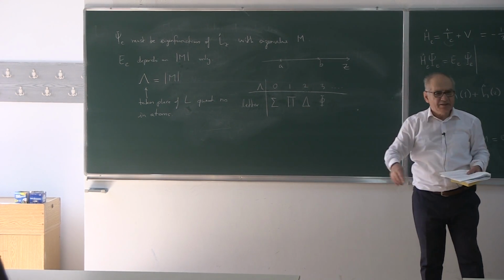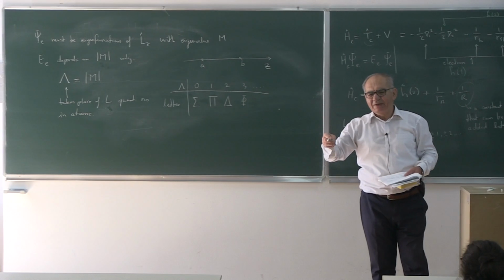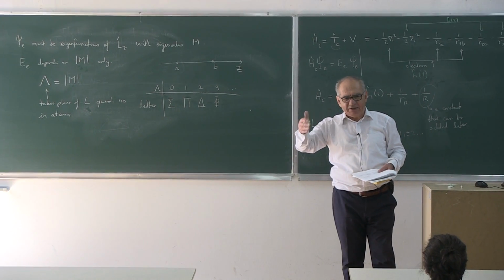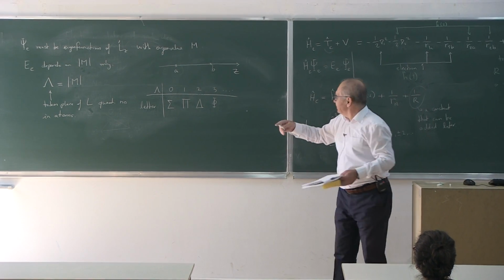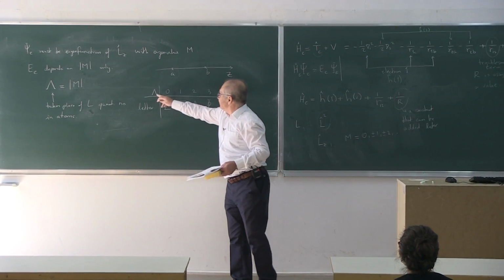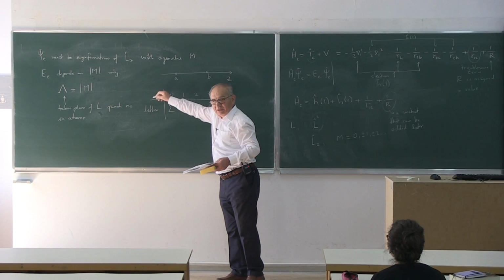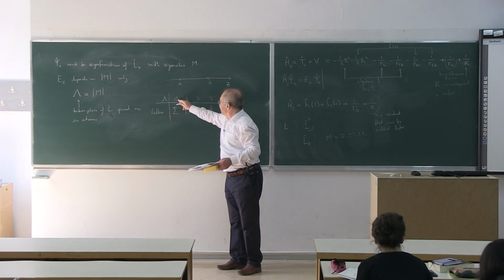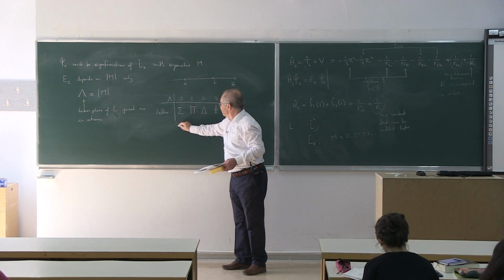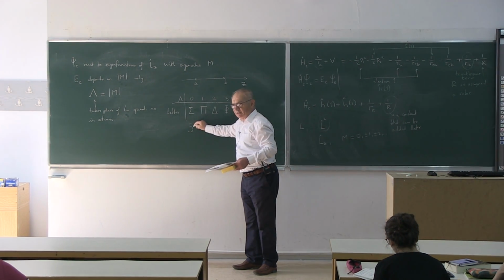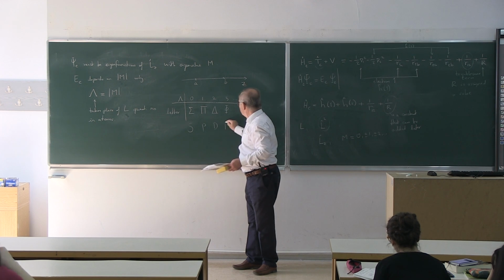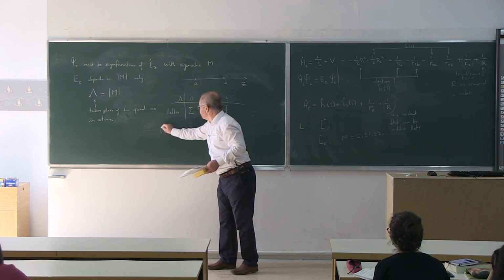You see here, the notation is again in parallel to the notation in atoms. In atoms, instead of lambda, we have capital L, and if L equals 0, we use the symbol S, then P, D, F. This is atoms.